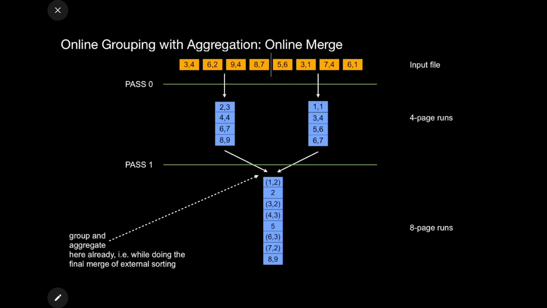So while merging these two sorted input streams, you could combine that with a group by algorithm to never produce the final sorted output stream of tuples, but directly produce a group by result. So you fuse functionality from two different algorithms into the same algorithm.